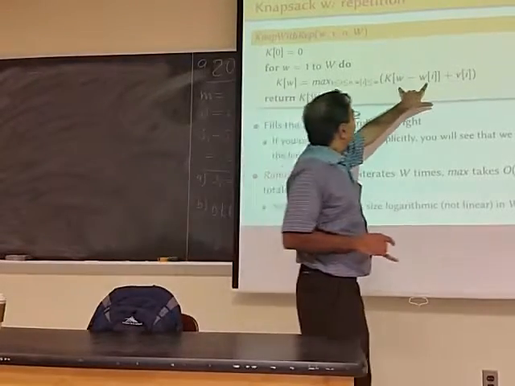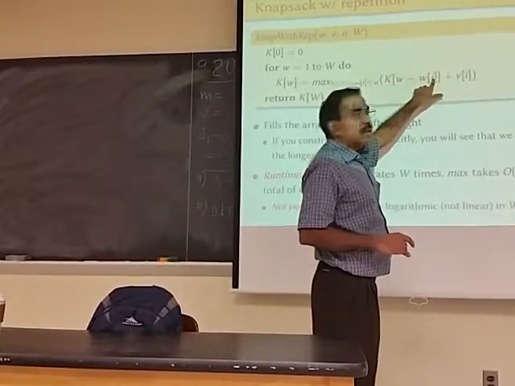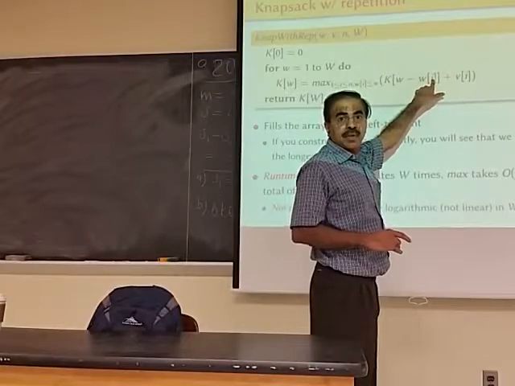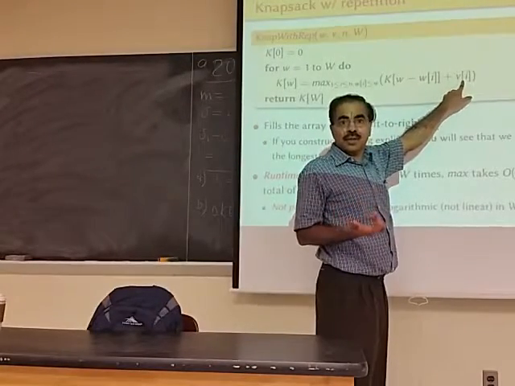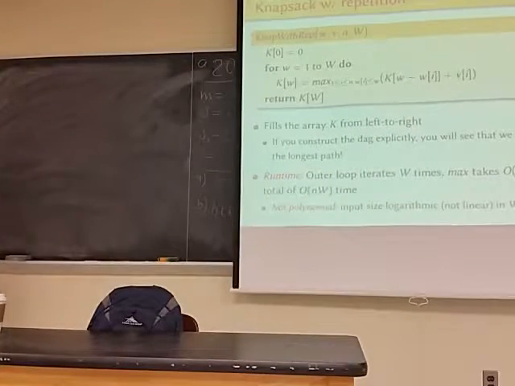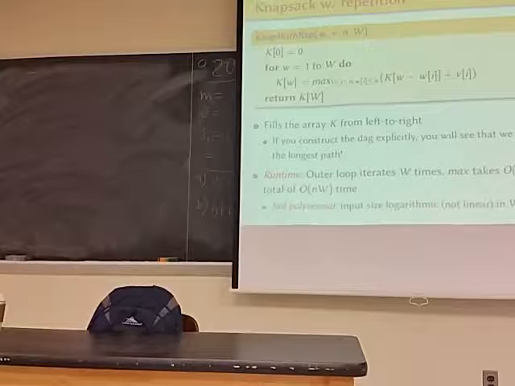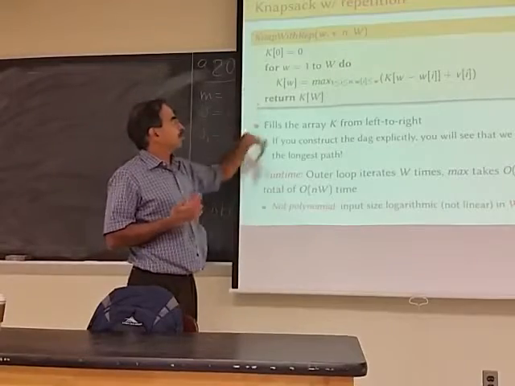So for instance, if this quantity already includes the ith element, in the case of 0-1 knapsack, you no longer have i as a choice. That needs to be kept track of. We'll see in the next slide how that algorithm becomes a bit more involved. But this one has a very simple structure.